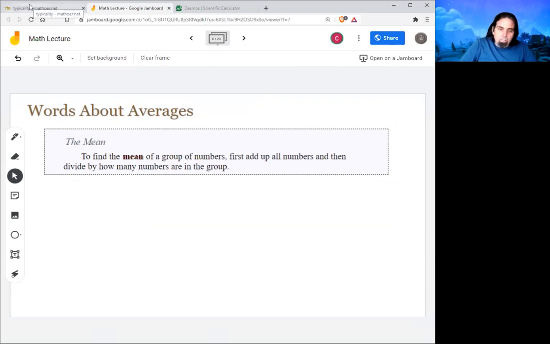So if I say find the average of a group of numbers, you've known how to do this since elementary school. You add them up and divide by how many. That's not a problem. So let's get a random problem.